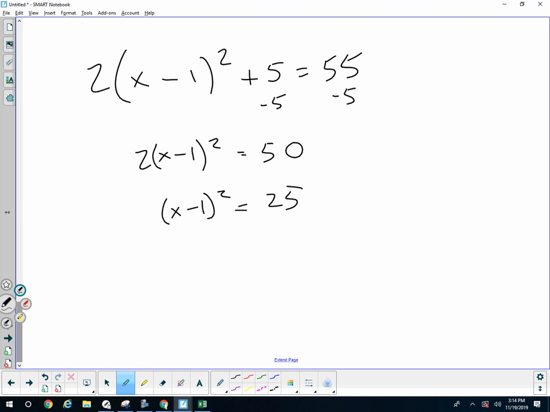I then square root both sides to get x minus 1 equals +5 and -5. When I add 1, I'll get -4 and +6. Both of those values plugged into the original equation will make the left side equal to 55.